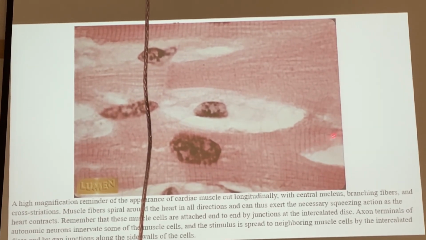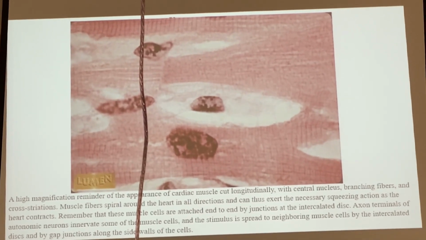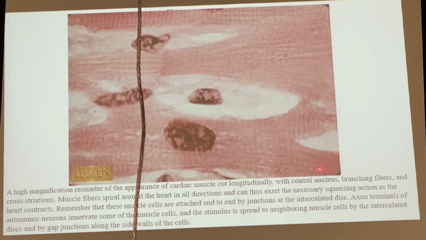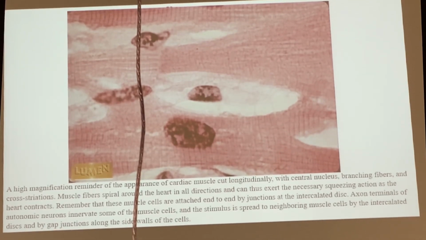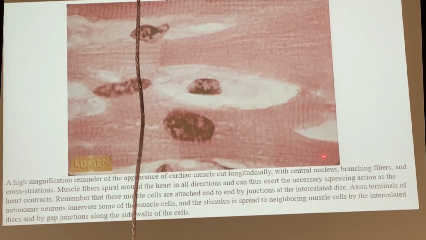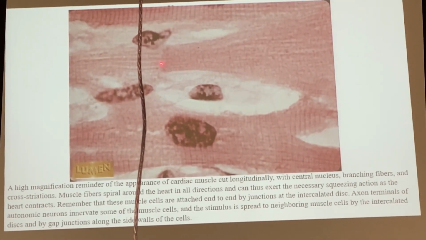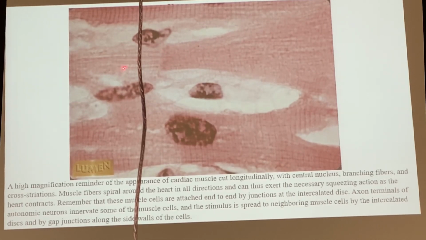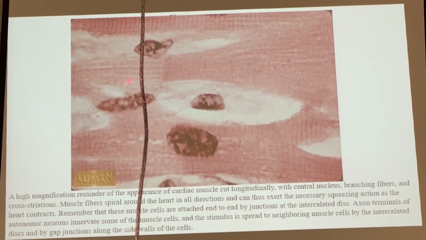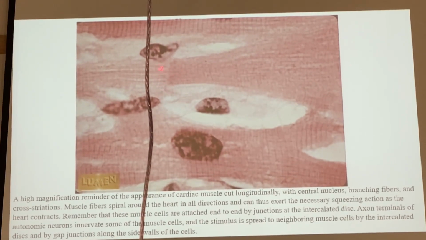And if you look, this cell is branching. This is the branching of the myocyte. The cardiac muscle cell is branching, and at the branching, the two cells communicate with each other by intercalated discs.